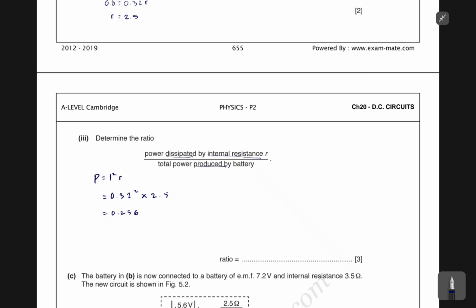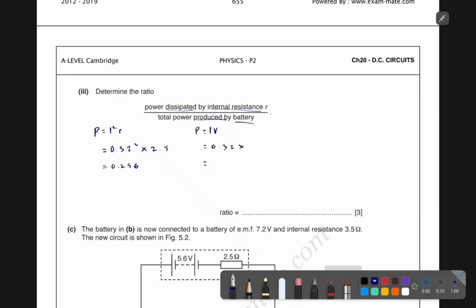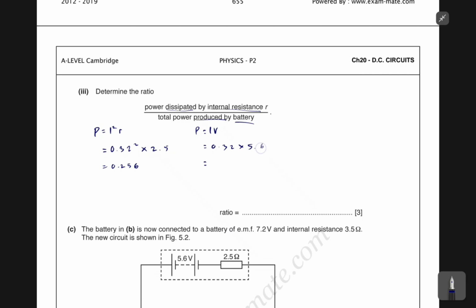For the total power produced by battery, P is equal to IV. Current is 0.32 and V, the EMF, is 5.6, which gives 1.792.